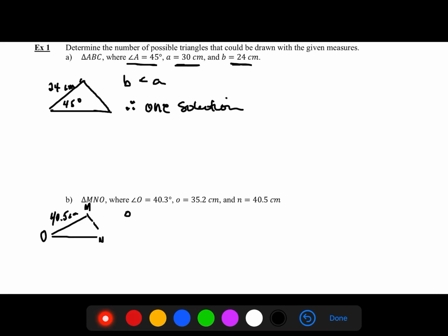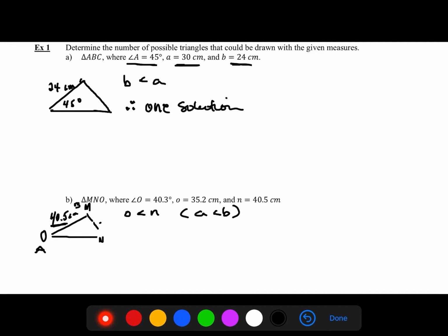So we do have a side-side angle. Now, again, we know that the given information, O, is less than N, which means A is less than B, which means that we now have to compare to our height.